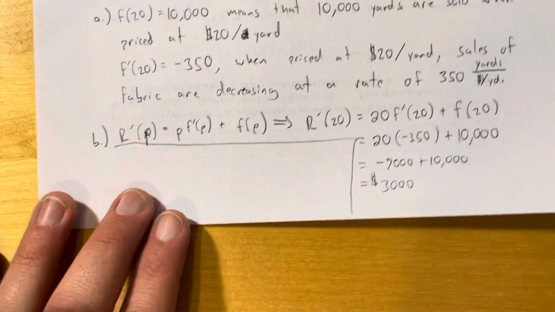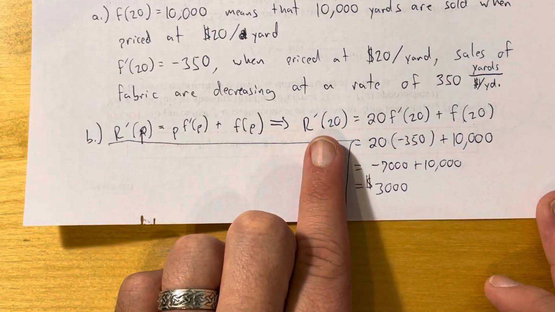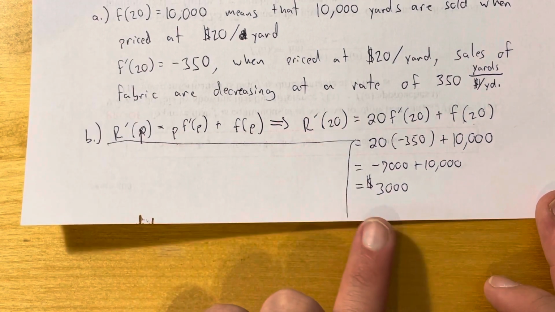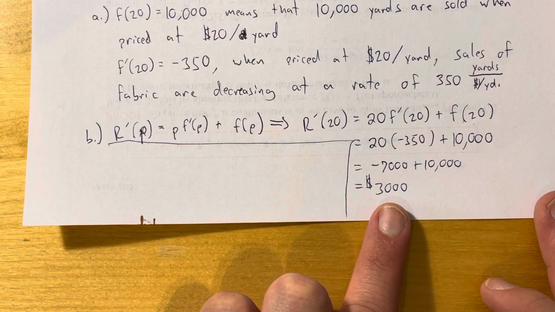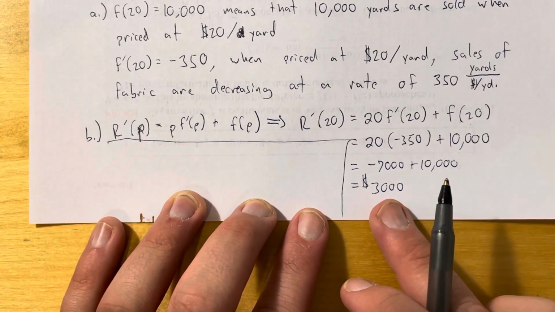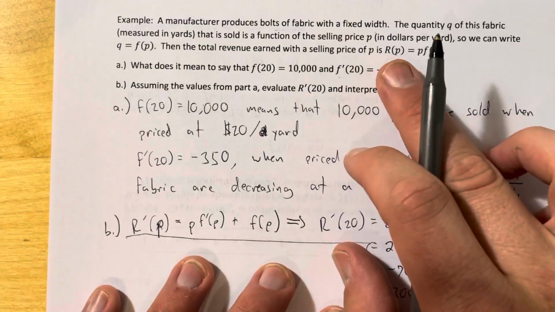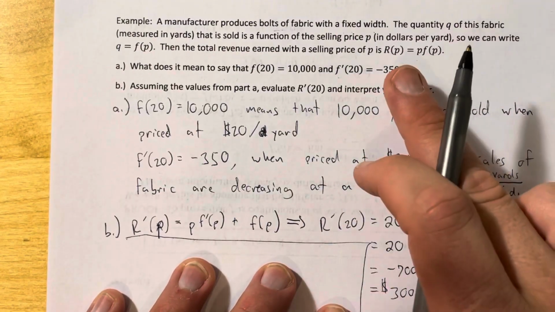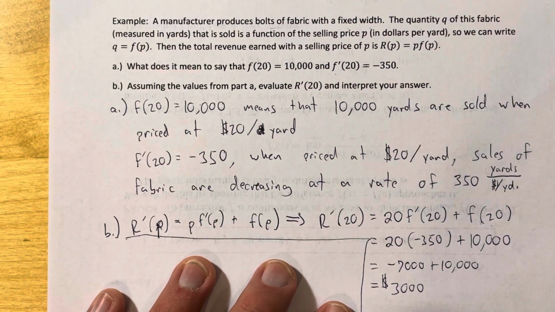So what this means is that at $20 per yard, our revenue is changing at a rate of $3,000. What would the revenue be measured in, I should say? Revenue is measured in dollars, and P, its independent variable, again, is measured in dollars per yard.